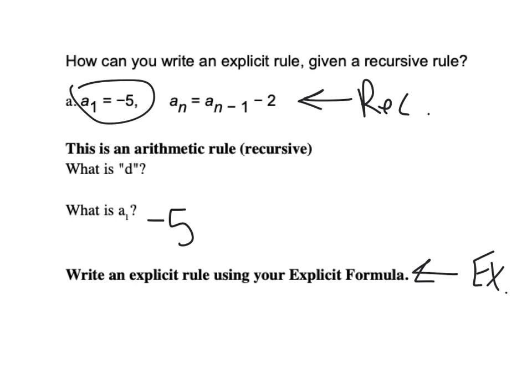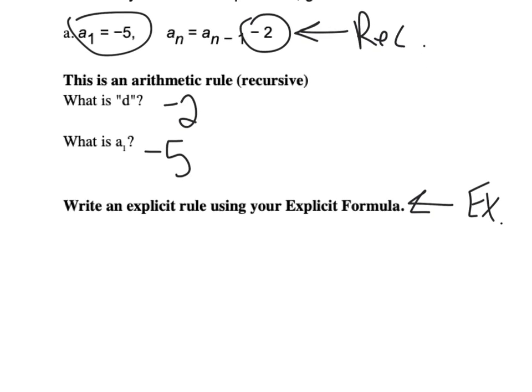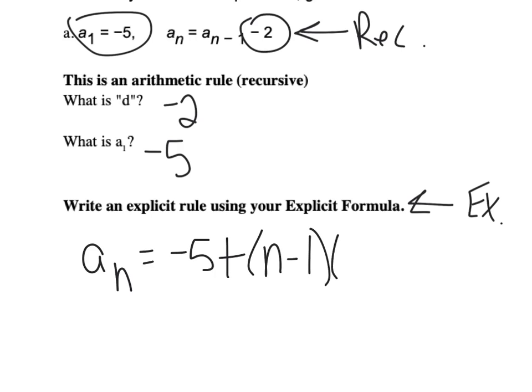And our common difference, remember, is that number that's added or subtracted on the end, which is -2. If we're going to write an explicit rule, we don't have to define a sub 1 because that's part of our rule. A sub n equals a sub 1, which is -5, plus n minus 1 times d, which is -2. When we did these earlier, we distributed the -2 and combined our like terms, but it's okay, we'll leave it like this for right now.